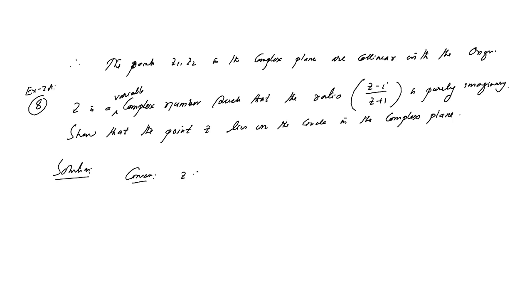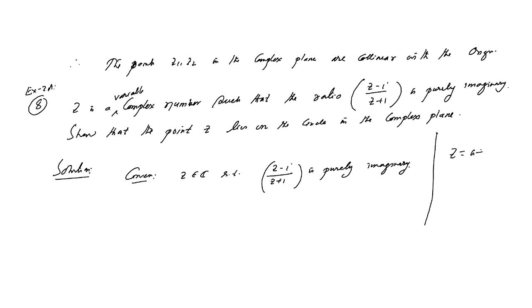It is given that Z is a variable complex number such that the ratio (Z minus i) by (Z plus 1) is purely imaginary. So purely imaginary, what exactly does it mean?